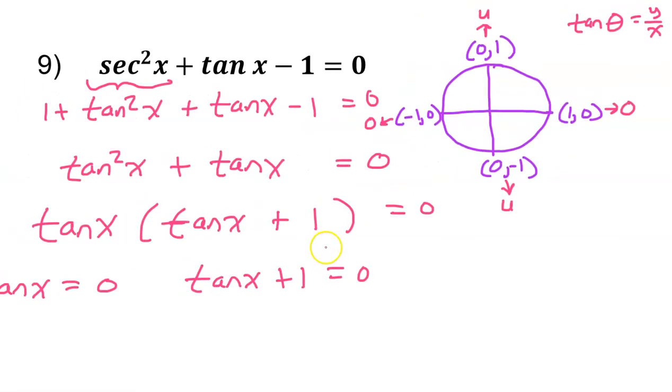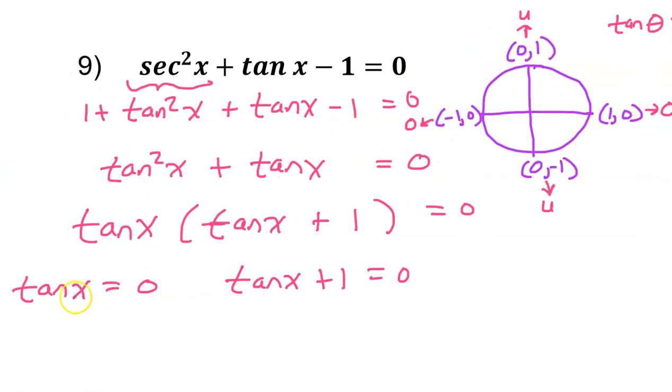So if the question is, where is tangent 0? Tangent of what angle is 0? Well, that's happening in two positions, here and here. That is 0 and pi. So we have two solutions so far. We have x is equal to 0 radians and pi radians.